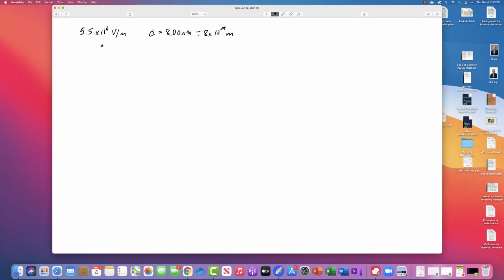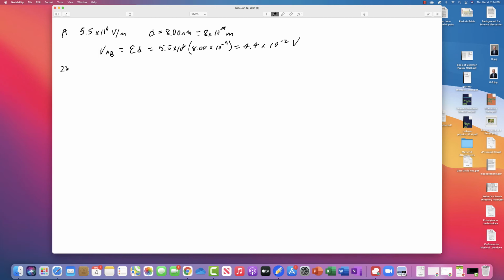So the voltage across a distance, this is number 19 by the way, and they use the symbol VAB from point A to point B, is equal to the electric field times the distance. So in this case, it's going to be 5.5 times 10 to the 6th times 8.00 times 10 to the minus 9. And that's going to be 4.4 times 10 to the minus 2 volts.